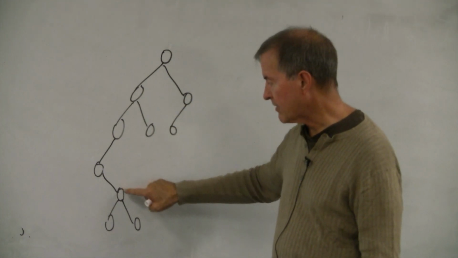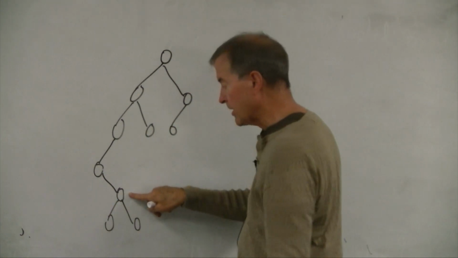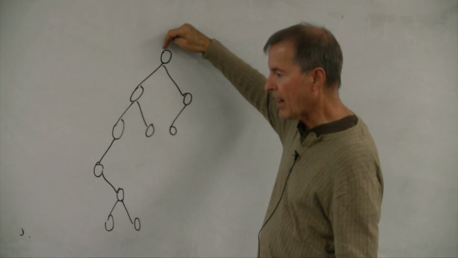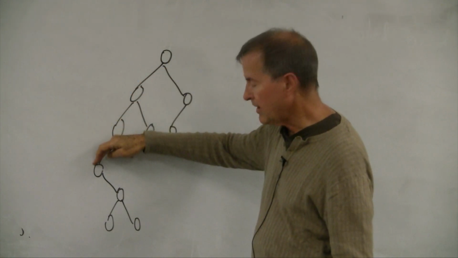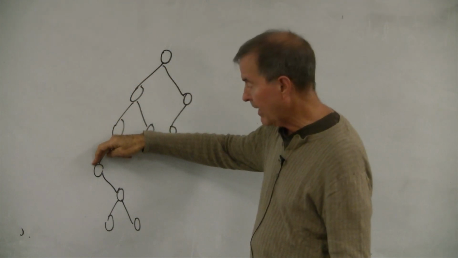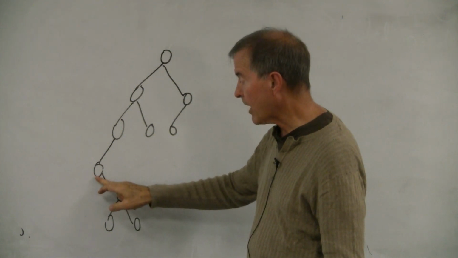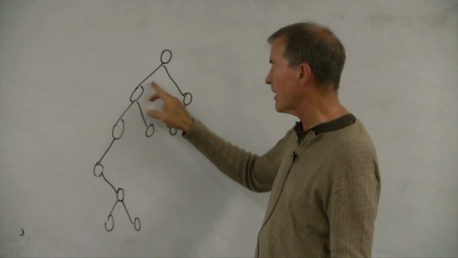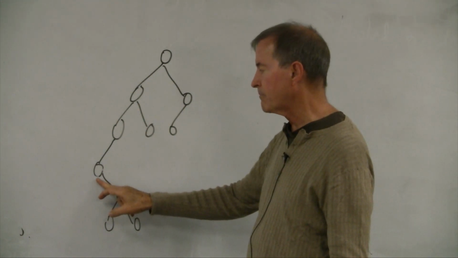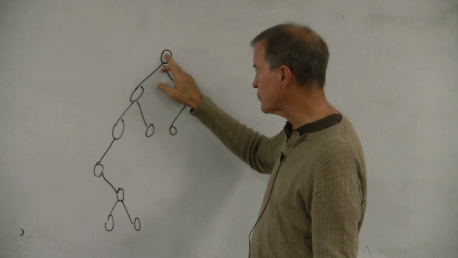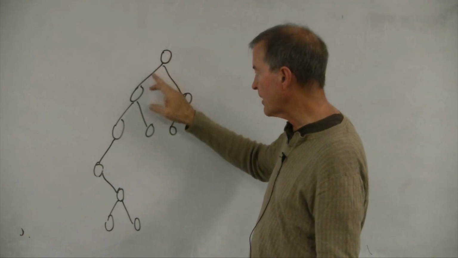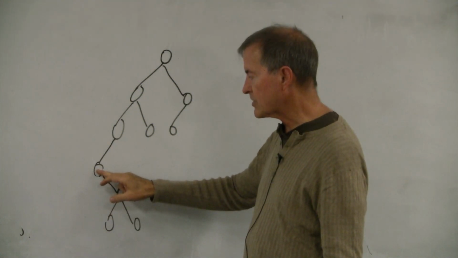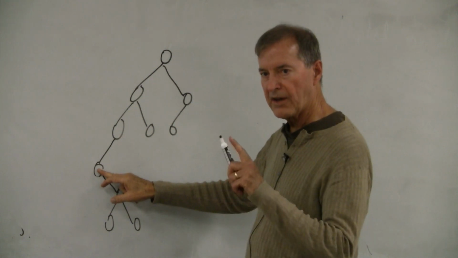How do you count the black height? You count the black links and skip any red ones. If this node has no left child and these are all black links, the black height of this tree would have to be 1, 2, 3, and then one more to the node, that would be 4. So the black height of this node must be 1.